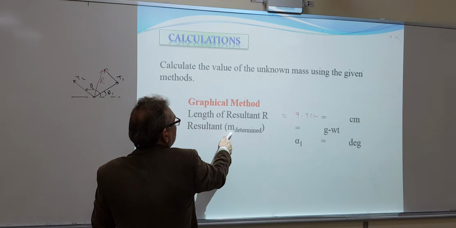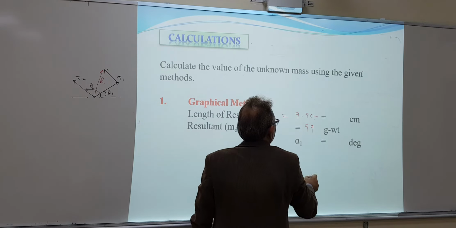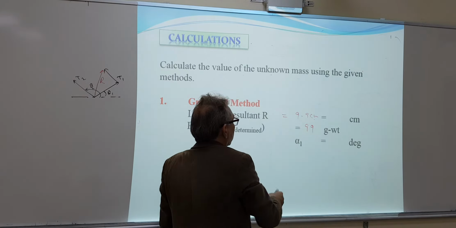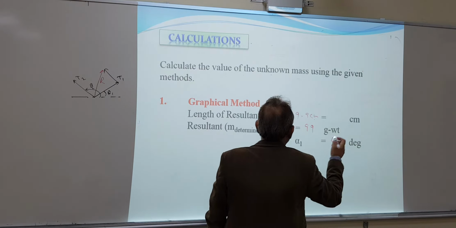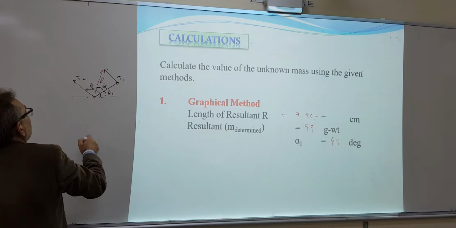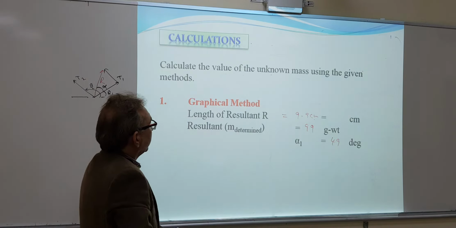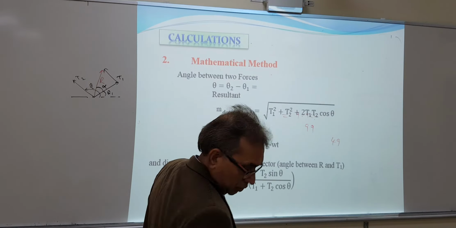And then the resultant determinant multiplied by 10, I will get 99, right? Alpha 1, for example, I have 49. You can have different values, by the way, so you have to measure. So this is your alpha. And this is how you complete your data sheet.